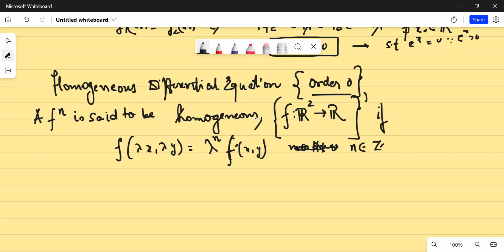Okay, so a function is said to be a homogeneous function, and obviously this lambda x and lambda y must lie in the domain of definition of f.